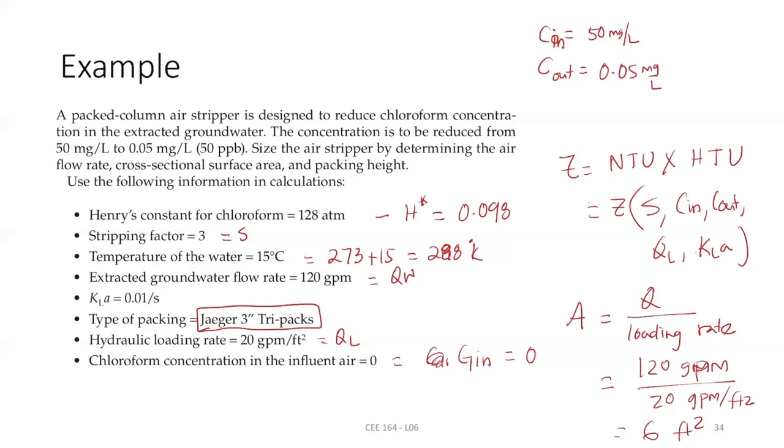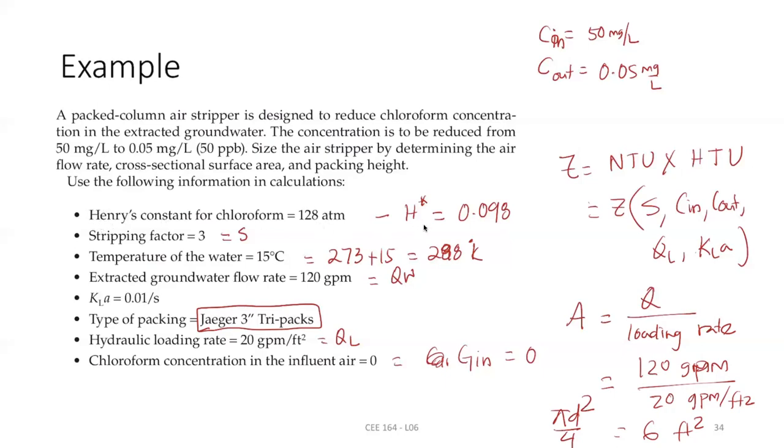And then if it asks how you get the diameter, you can look for the diameter. Because it's usually circular, it's pi d squared by 4, then you can solve for the diameter. So that's what the size would be.